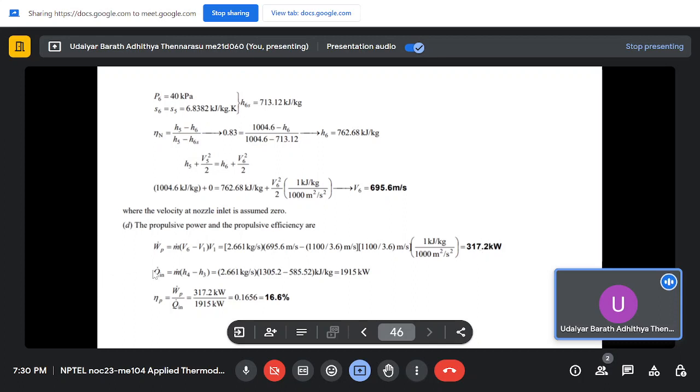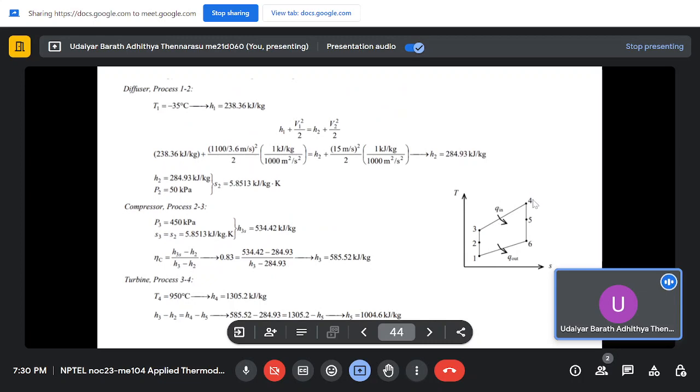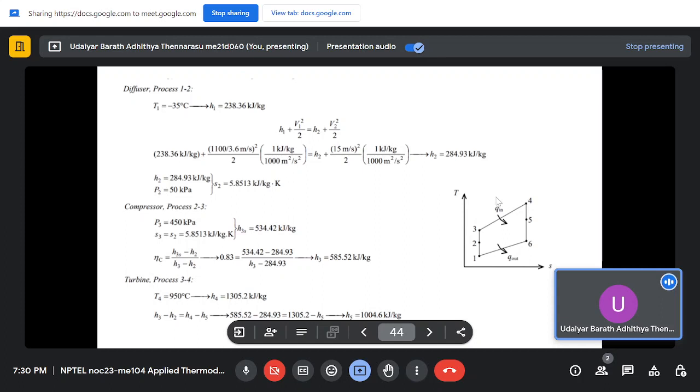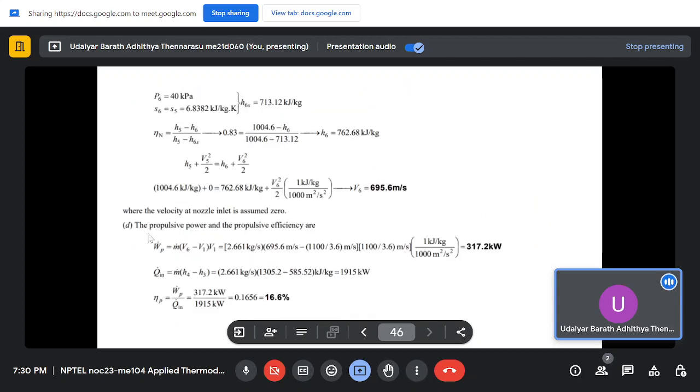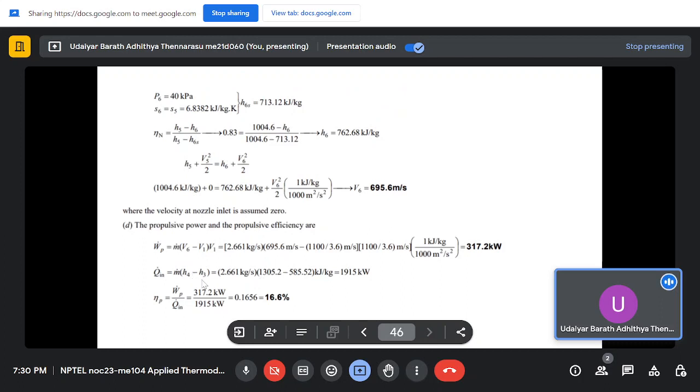And now the energy supplied is nothing but H4 minus H3, because we don't know anything about fuel. So we'll use this value and assume that combustion efficiency is 100%. So m dot times (H4 minus H3) will give me the energy supplied. m dot is 2.661, which we previously calculated, and this gives me 1915 kilowatt.